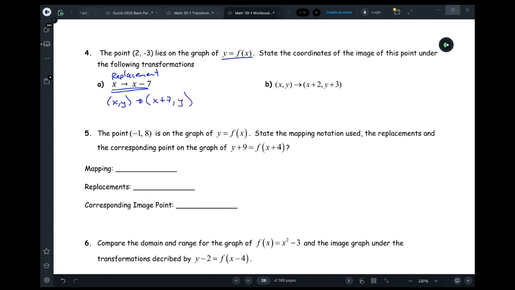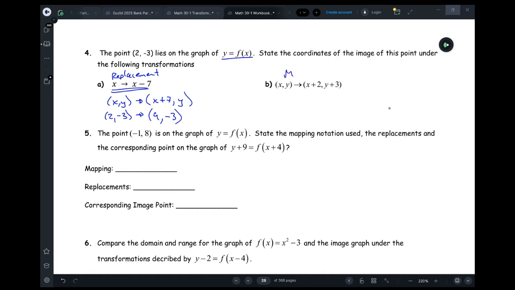So you can identify the replacements because it's just a single variable that you're dealing with. But the image point has both coordinates there, and all of the transformations that are present are going to be represented. So now the point (2, -3) is going to end up becoming, well, it's telling me old plus 7, so it's going to be 9, and then the y-coordinate doesn't change, so (9, -3).